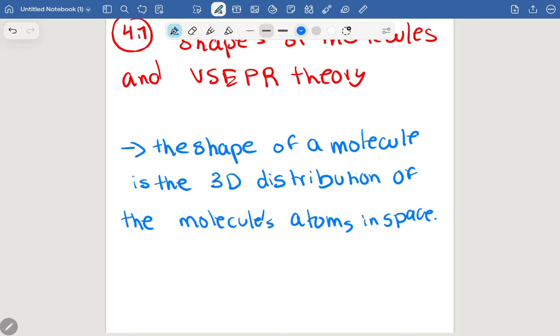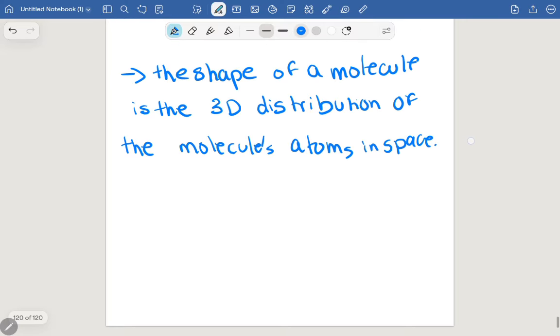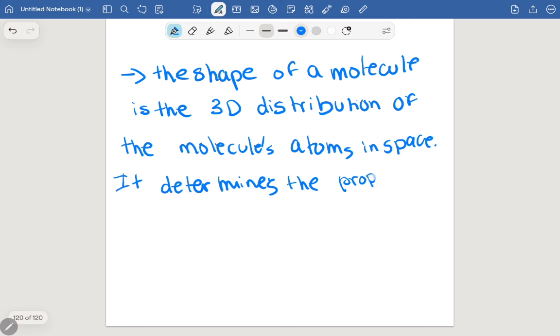It plays an essential role in determining the properties of the molecule. So once we know the shape of a molecule, we will be able to determine the properties of the molecule. So we say that it determines the properties of the molecule.